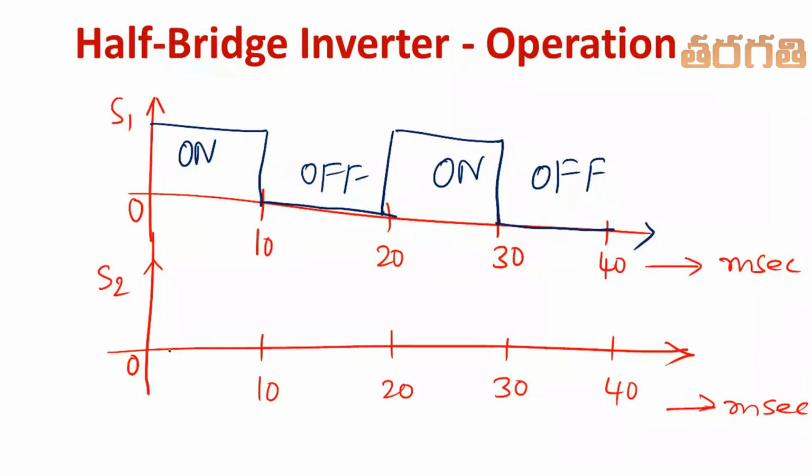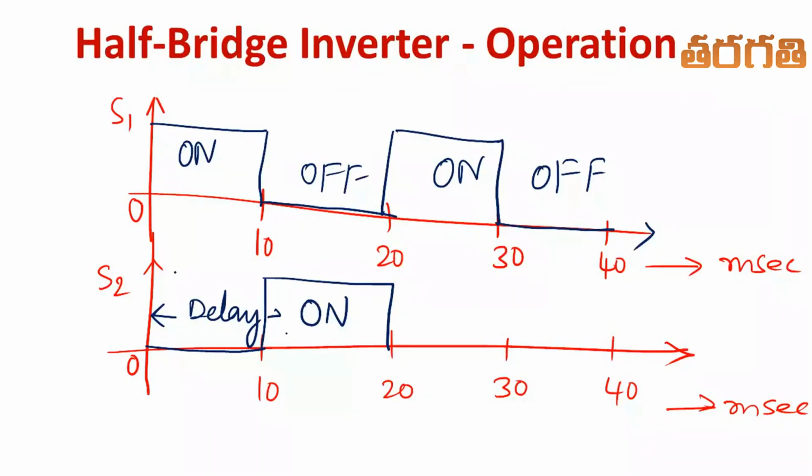For S2, when S1 is supplied with a pulse having the off value, then S2 should be on. This is called the delay. And this is called the time period of the trigger pulse.